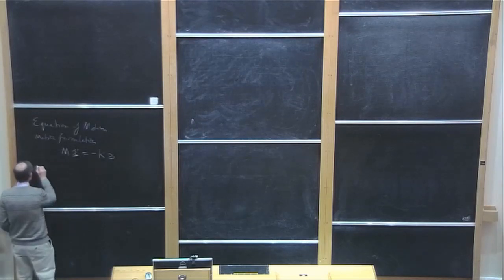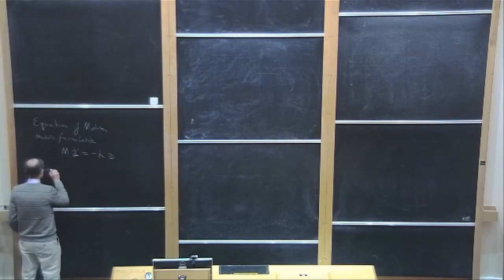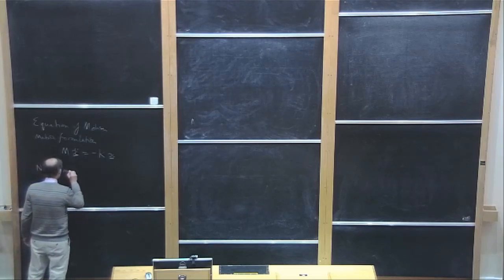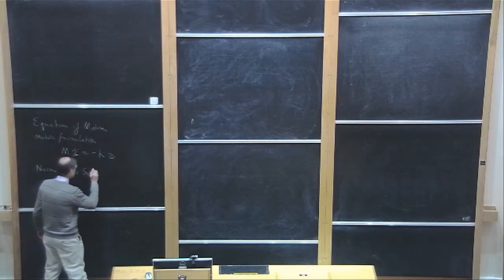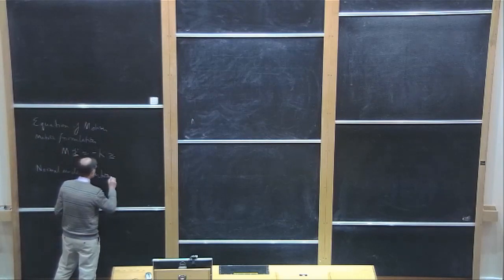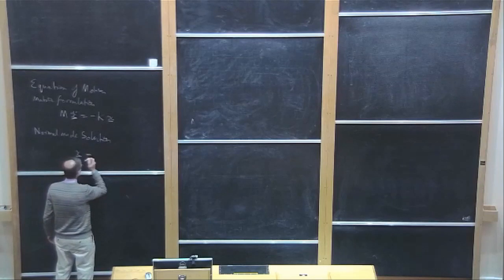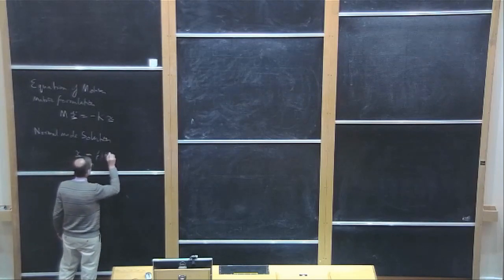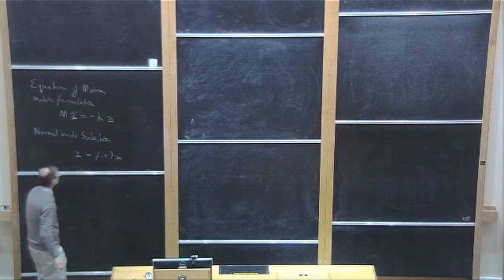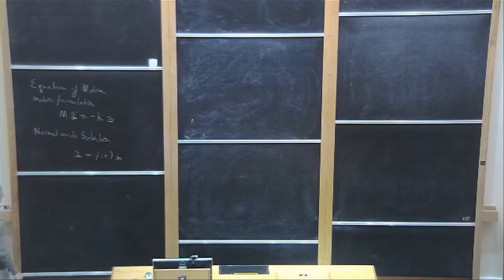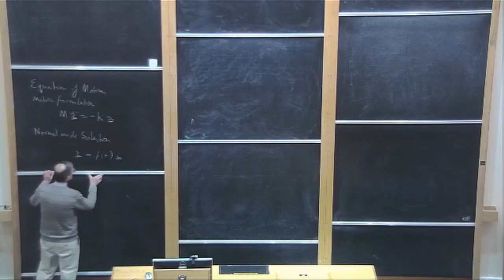The normal mode solution, which is x equals f of t times c. So all the components of x vary in the same way with t.